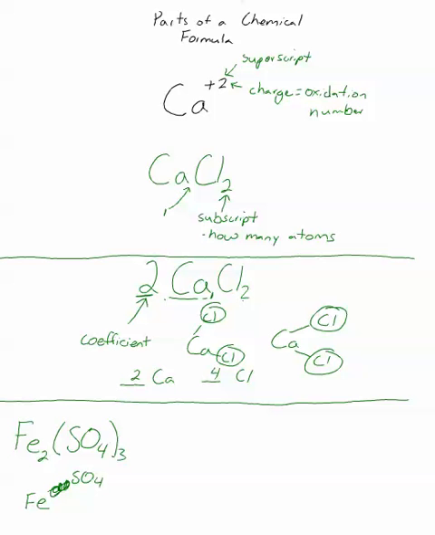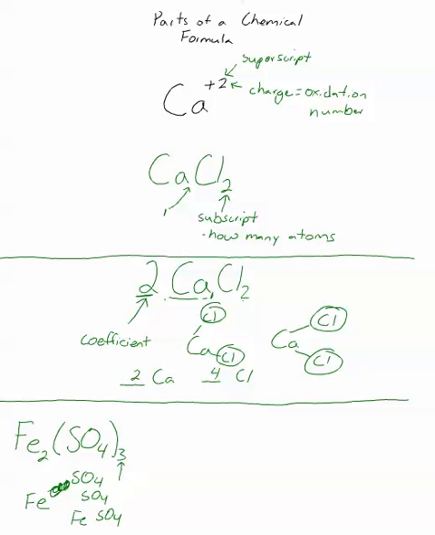I've essentially got 2 Fe's, right? And in this molecule I've got 3 SO4s. So when you have a number outside the parentheses of a polyatomic ion, that means you actually have 3 of everything inside, okay?